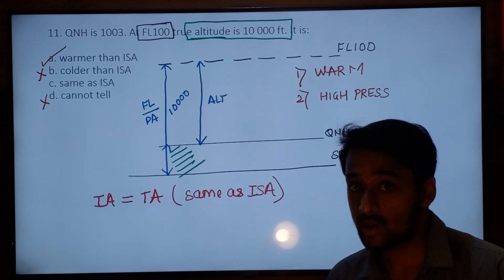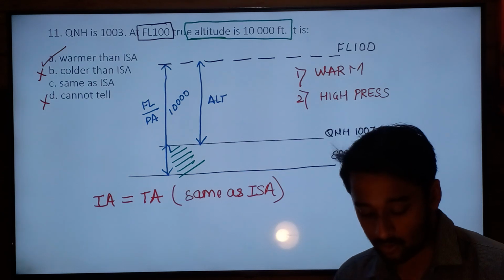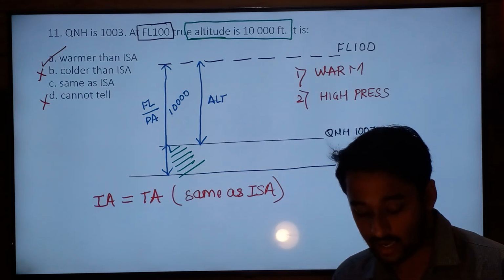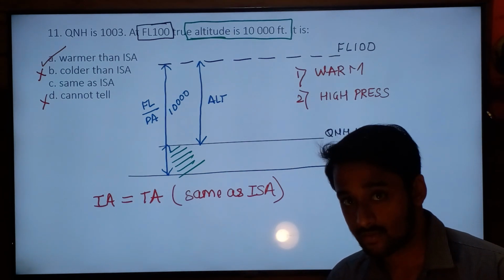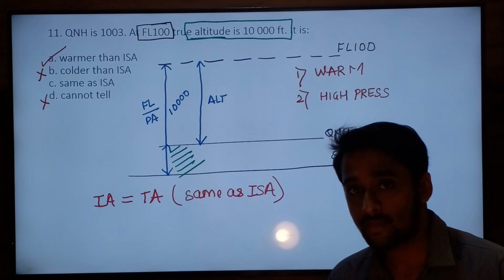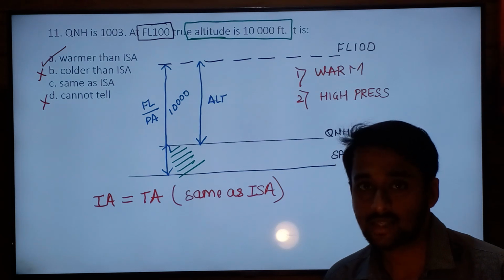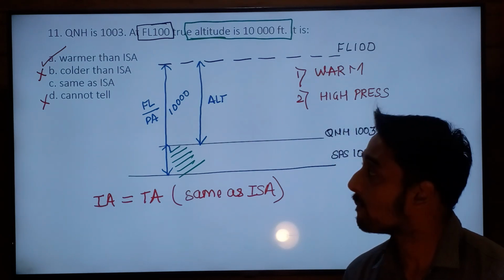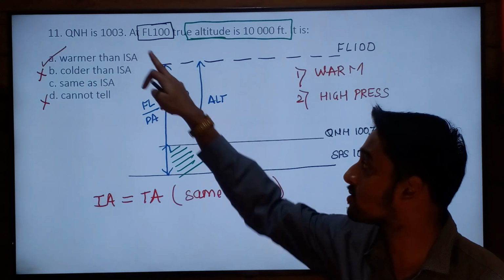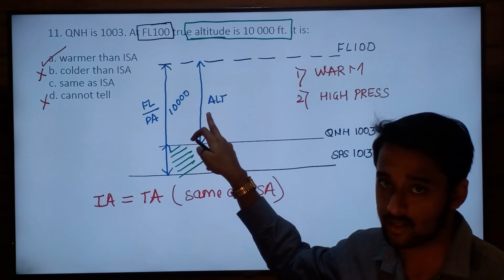QNH is 1003. So in ISA at 10,000 feet, whatever pressure is there, we are not concerned about that because we are flying with standard pressure setting 1013. But when we measure our altitude from 1003, it is definitely less than flight level.